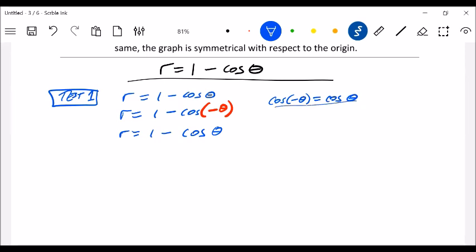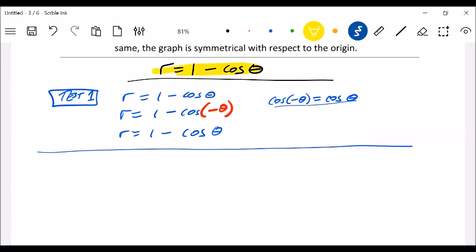All right, so we're back to here, and what that tells us, because this one and this one are the same, that means it passes this. So it's true, or what are called pass. So it is or can be or might be symmetrical to the x-axis. Okay. Well, I think in this case it means it definitely is.